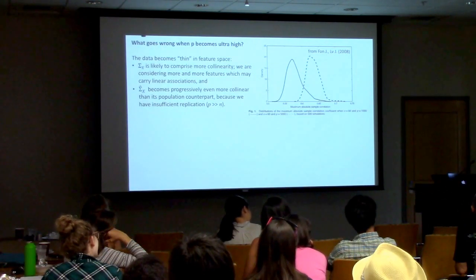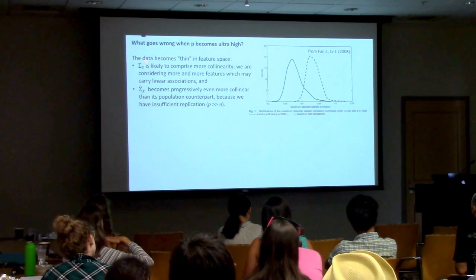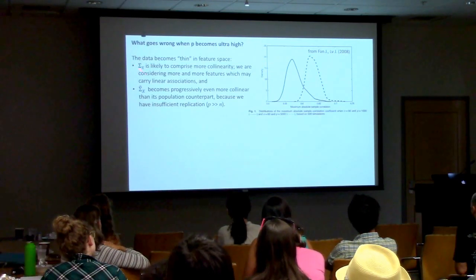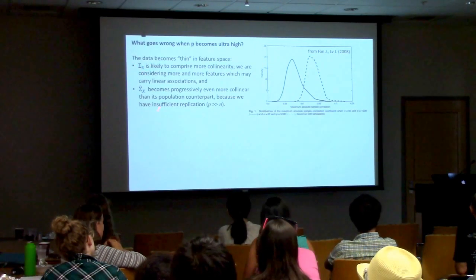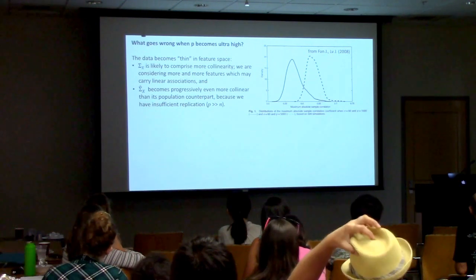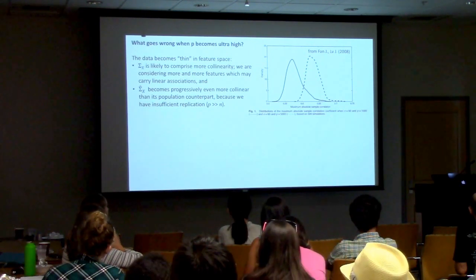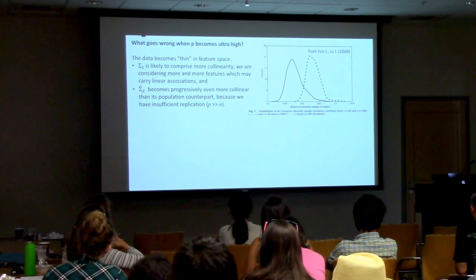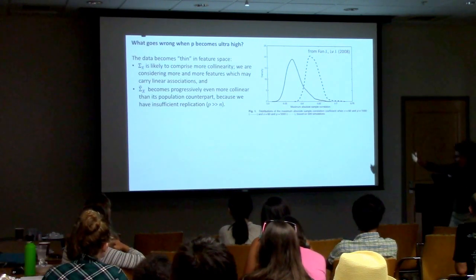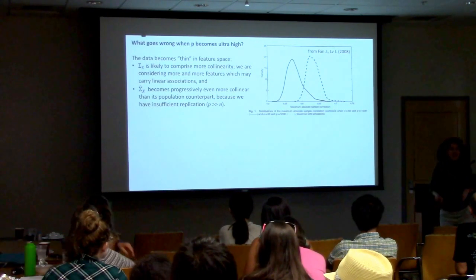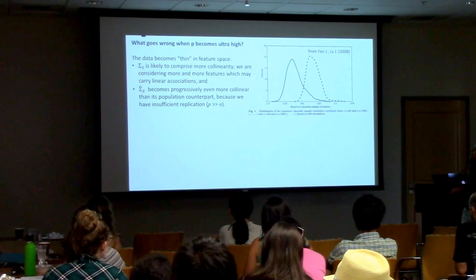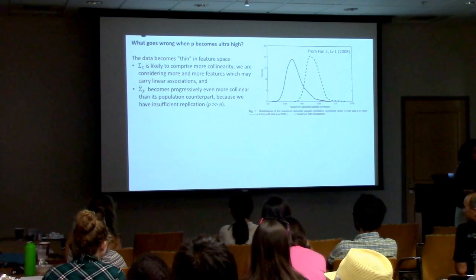Okay. So this guy here, sigma x, is the variance covariance matrix of the x's at the population level. The sigma hat is the one computed on the sample. Okay? Let's say that you now go to tens of thousands, hundreds of thousands, millions of variables. There will always be a tendency for the sigma x to become more collinear, right?